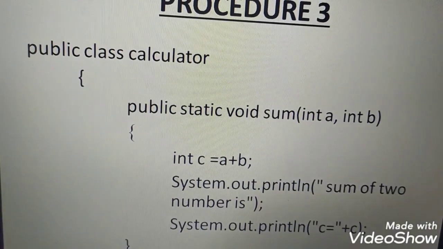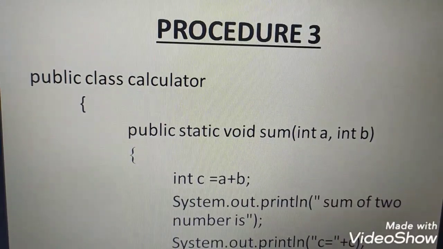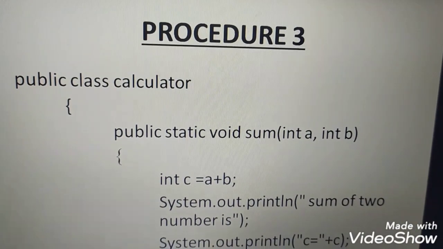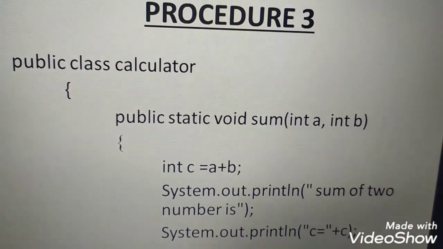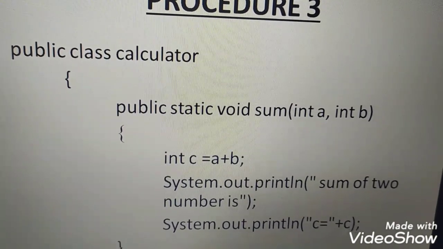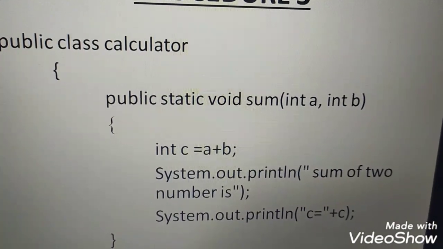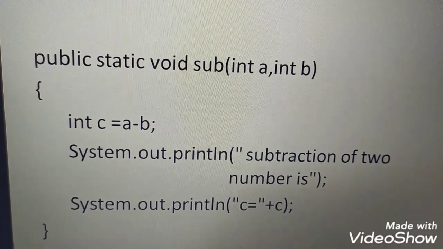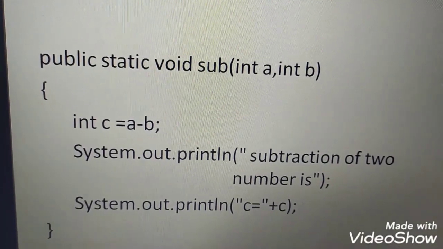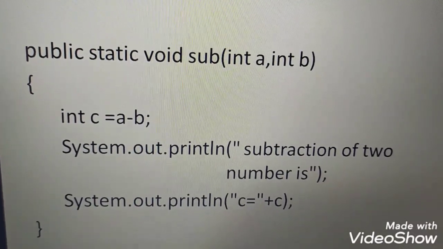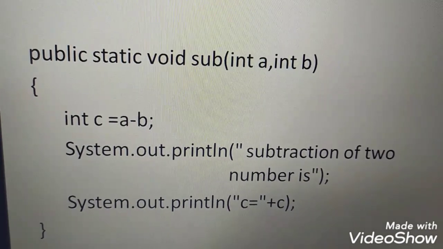Just compare procedure 1 and procedure 2, and you will be clearer about procedure 3. Go here, the same procedure is written: public static void sum int a and int b, c is equal to a plus b, System.out.println the sum of two numbers is, c. Same for the subtraction method: int a, int b, int c is equal to a minus b, System.out.println the subtraction of two numbers is, c.